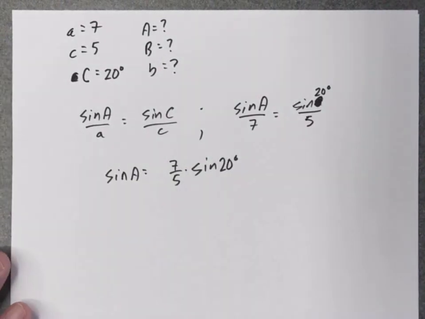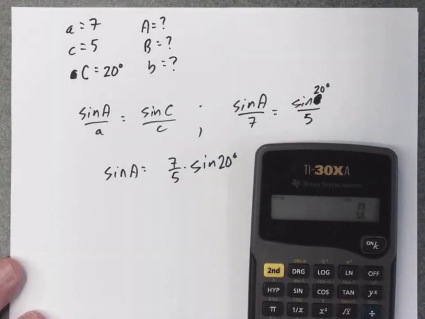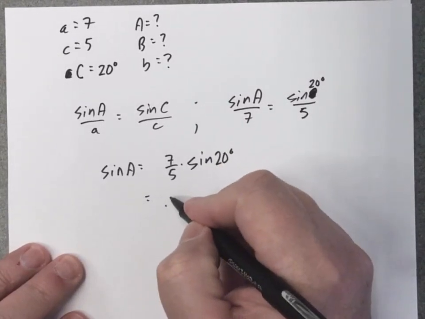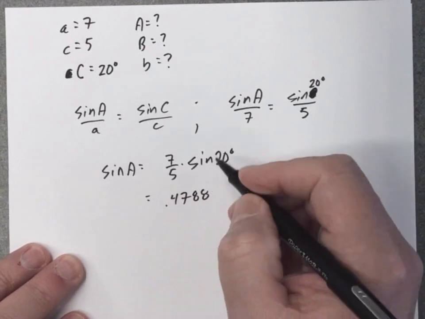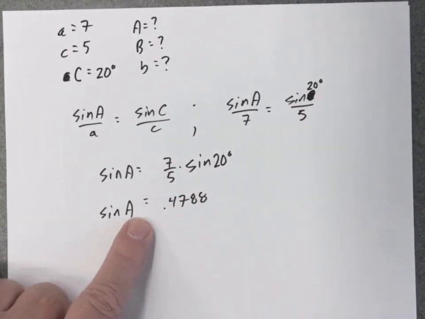So once again, get my calculator, make sure it's in degree mode. 20, the sine, times 7 divided by 5. 0.4788. Let's keep 4 digits. That's what the sine of A equals.